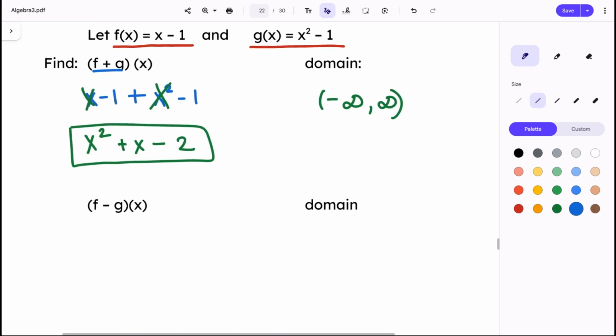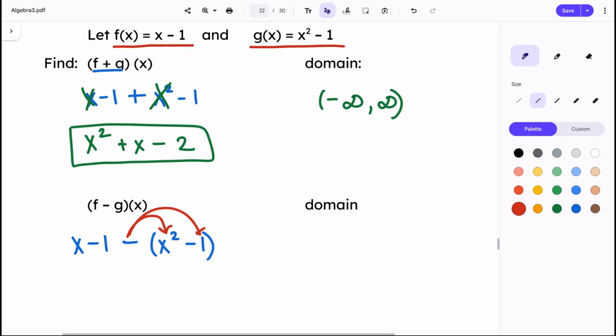Okay, f minus g is the second one. So very similar to what we just did. I'm going to bring down those two functions. So f is x minus 1. And then minus my g. And I am going to put parentheses around this. Do you guys know why I'm putting parentheses around it? That minus sign has to go to both terms here.